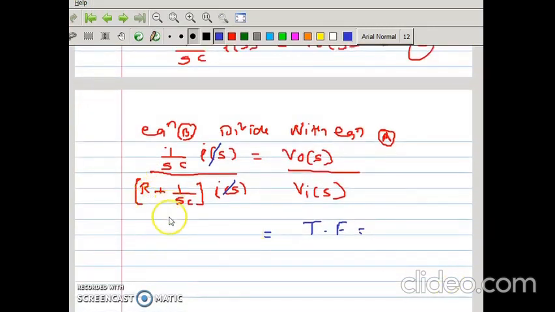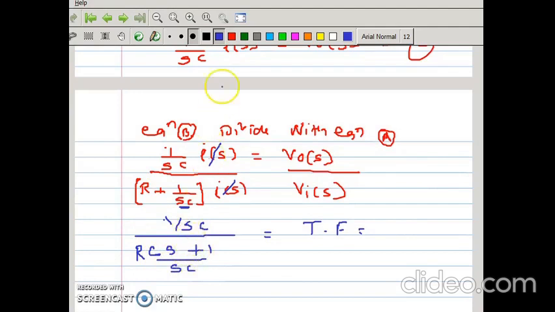Now 1 upon SC we put as it is, divided by, taking cross multiplication, SC is cross multiplied with the R, so it becomes RCS plus 1 divided by SC. This is the cross multiplication.